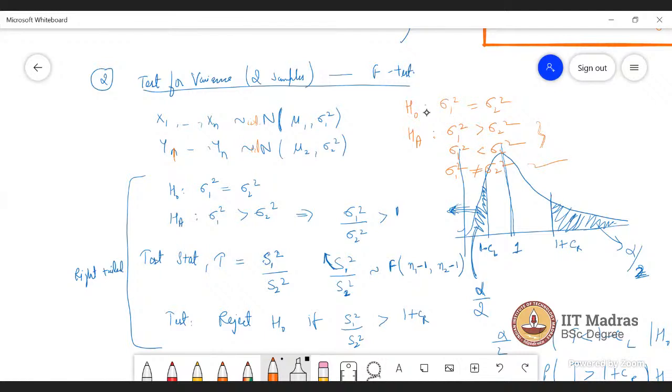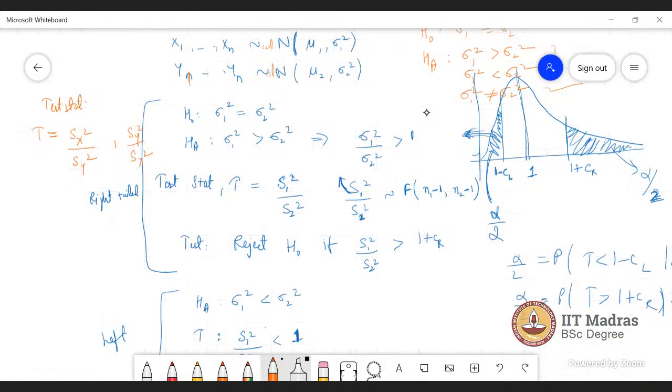In case of the F-test, we take the test statistic T to be equal to Sx square upon Sy square, or we can also take Sy square upon Sx square. If I take my test statistic to be Sx square upon Sy square, then this will follow the F distribution with degrees of freedom n1 minus 1 and n2 minus 1.